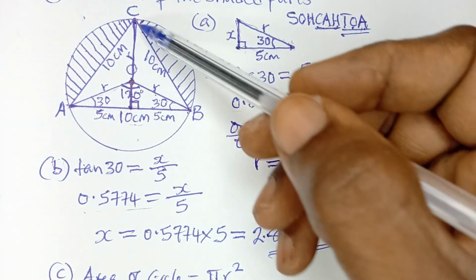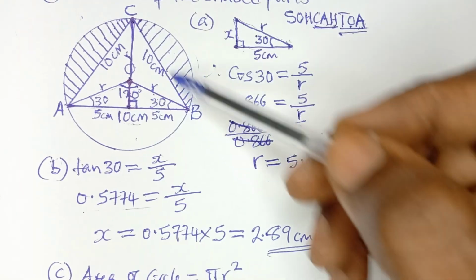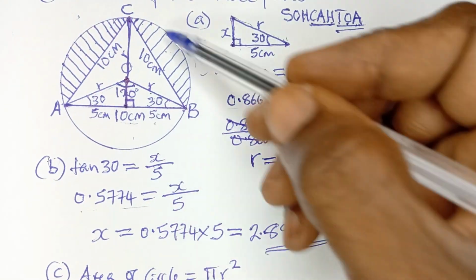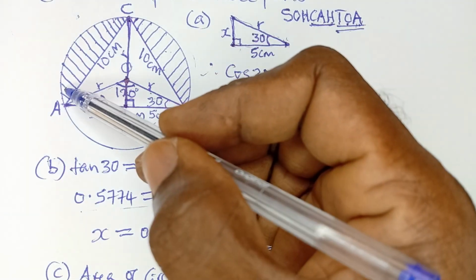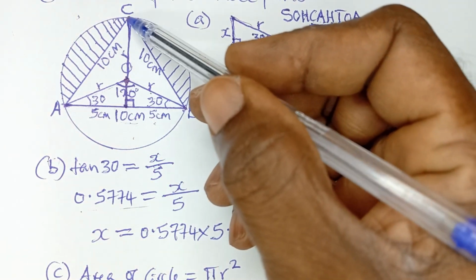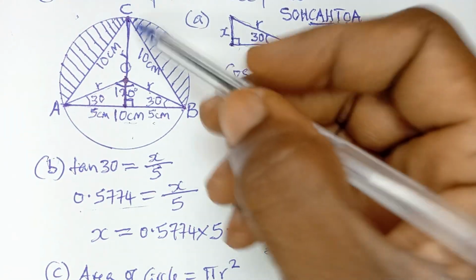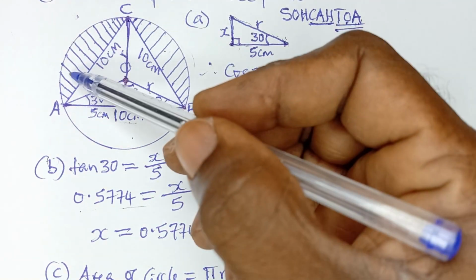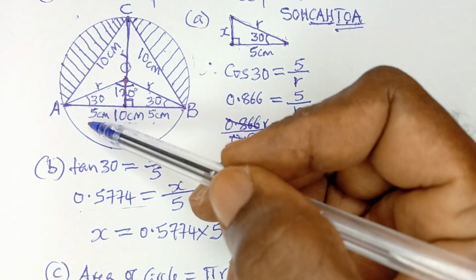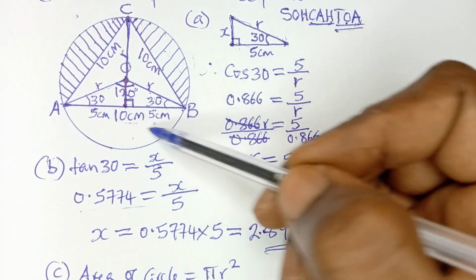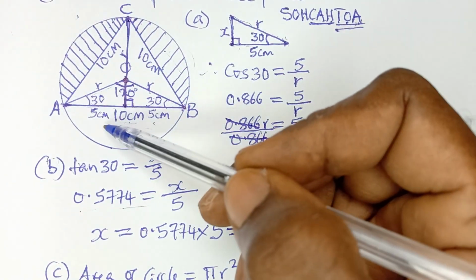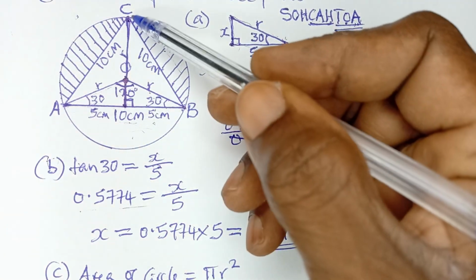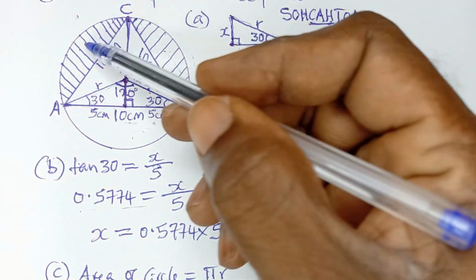If we subtract the area of this triangle from the area of the circle, it's going to give us these three parts, 1, 2, 3, the remaining parts that the triangle did not enclose.